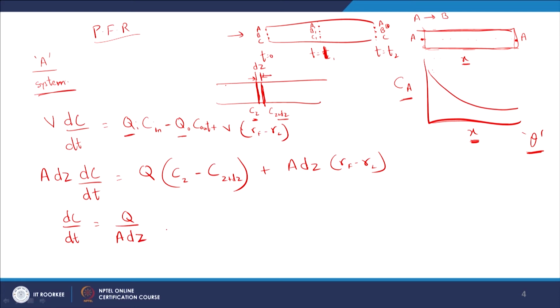Let us say that is what I have here. And what else do I have here? Cz minus Cz plus dz, right, plus rate of formation minus rate of loss, right. So, this is what we have here, right.